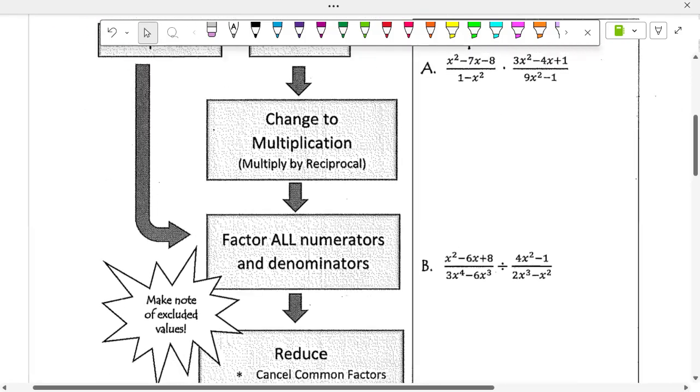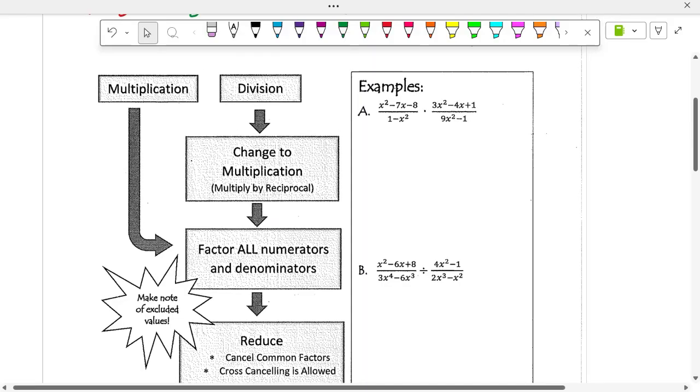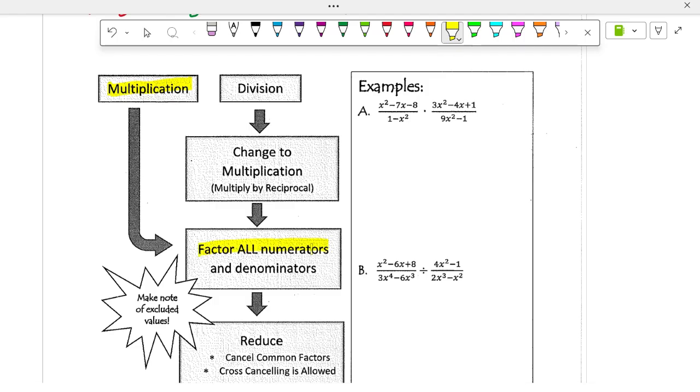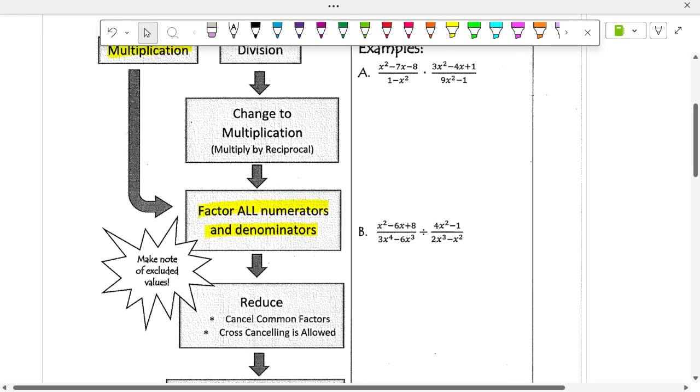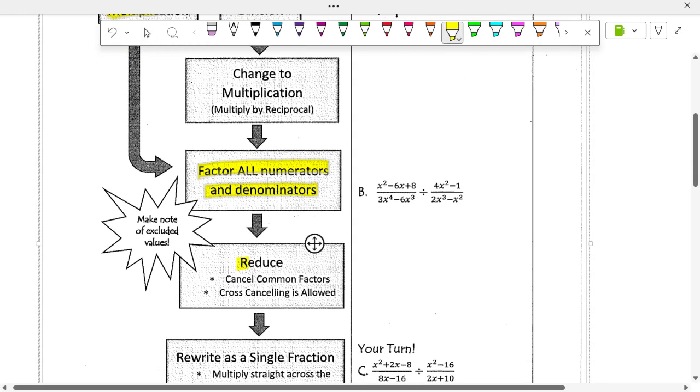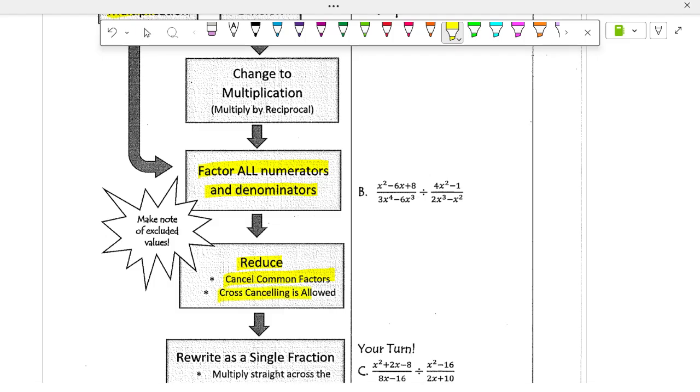All right. So first off, steps for when you multiply. You first start by factoring all the numerators and denominators. You then reduce. So cancel out any common factors, and yes, cross-canceling is allowed. Meaning if it's in the numerator of the second fraction, but in the denominator of the first fraction, you can still cross it.